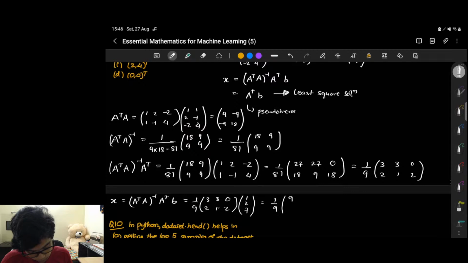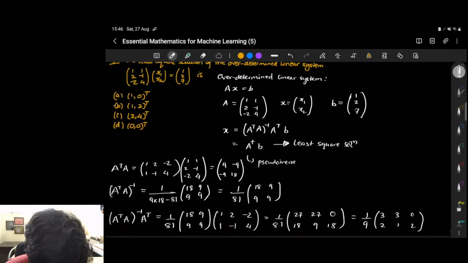Then 2 plus 2 plus 14, that's 18. Again, taking 9 common, you get 1 and 2, which is nothing but 1 and 2 transpose. So the correct option is option B right here, transpose of 1, 2.